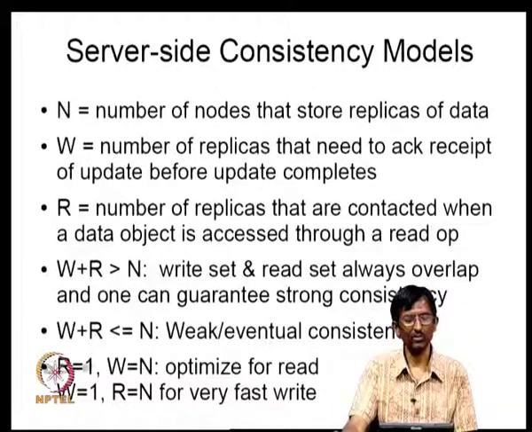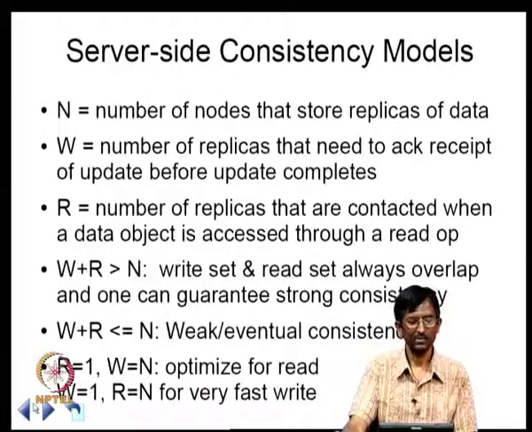So this is what most large-scale web systems follow, and the other is not very common. I am not aware of any major application that requires very fast writes, where readers are penalized so that the writes can be very fast. At least on web-scale systems, you don't find this much.